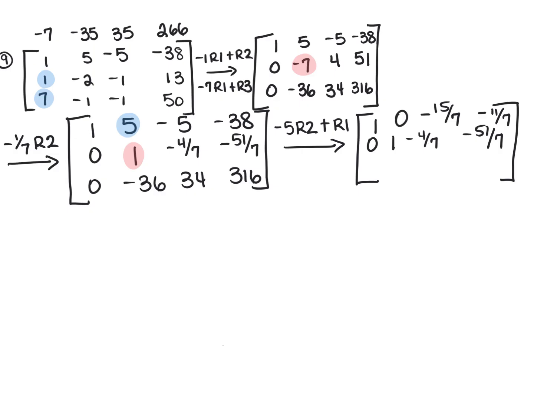So now that we have a 0 above, we are going to now focus on getting a 0 below. So we are going to take positive 36 times row 2.